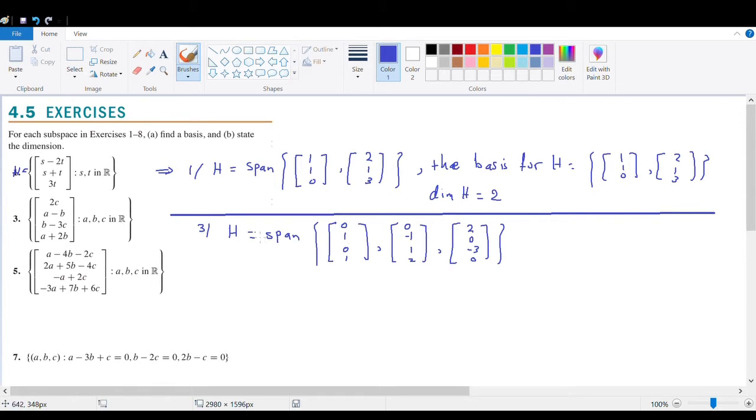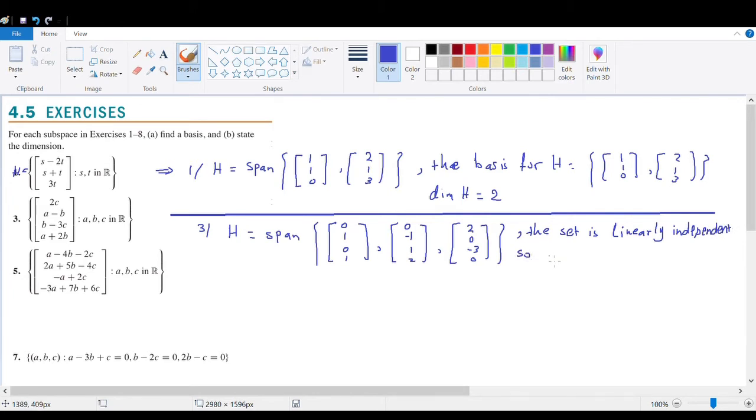And because it spans H itself, the basis for H is these vectors. You have to show this by row operations that it's linearly independent.